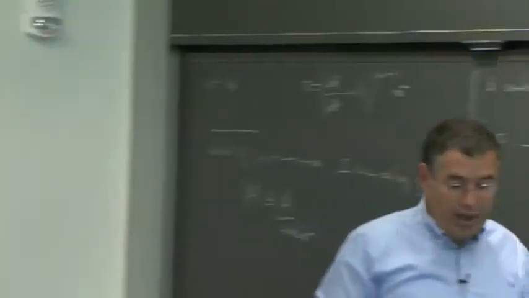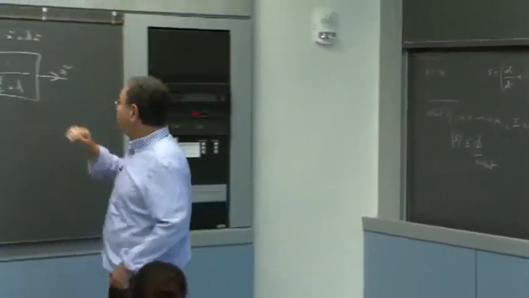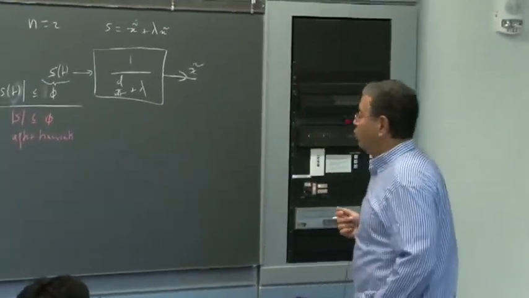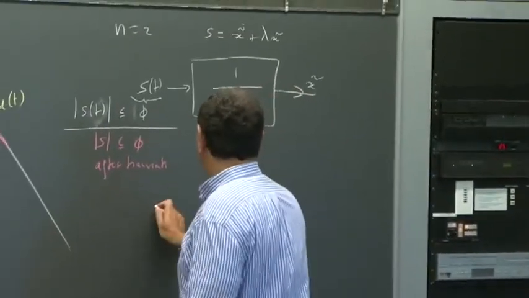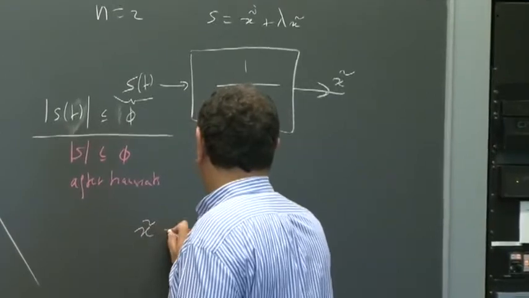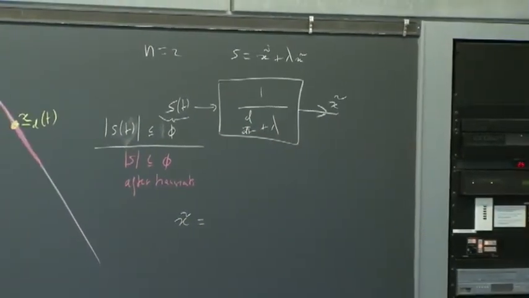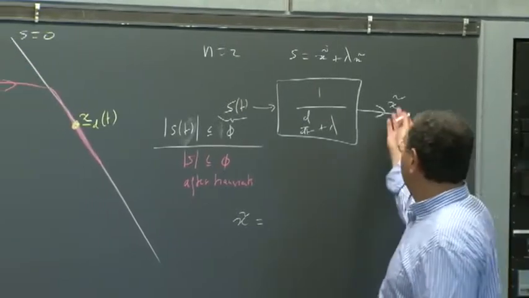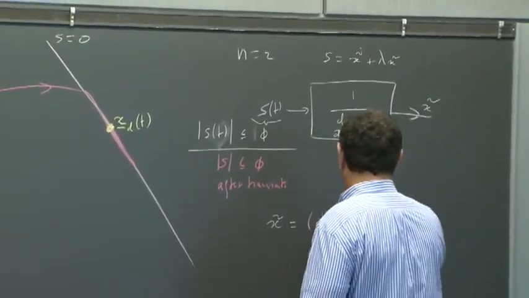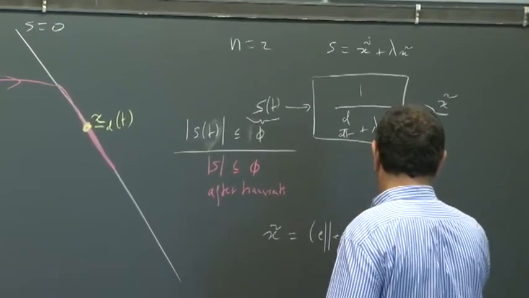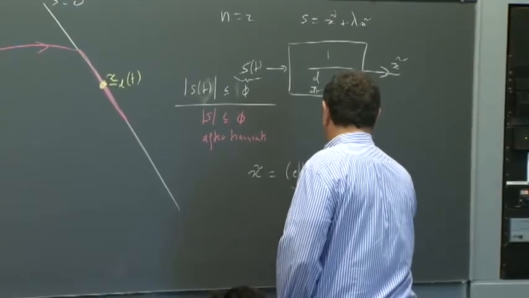So if we have this input, and actually we did this little calculation last time when we talked about differential inequalities, it's basically the same calculation. This input is giving us this output x tilde, which is the effect of initial condition. This tends to 0 because lambda is positive.